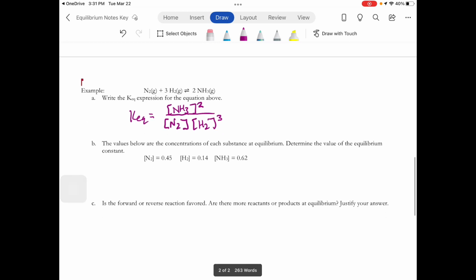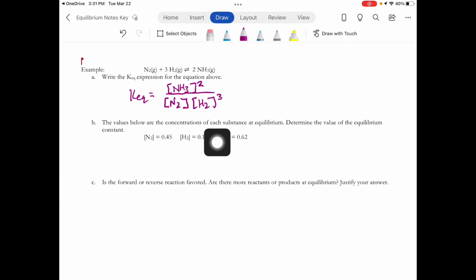Now we're going to use the values below, the concentrations of each substance at equilibrium, to determine the value of the equilibrium constant. So we just need to take these numbers and put them into that expression. Our NH3 value is 0.62, and we need to square that.